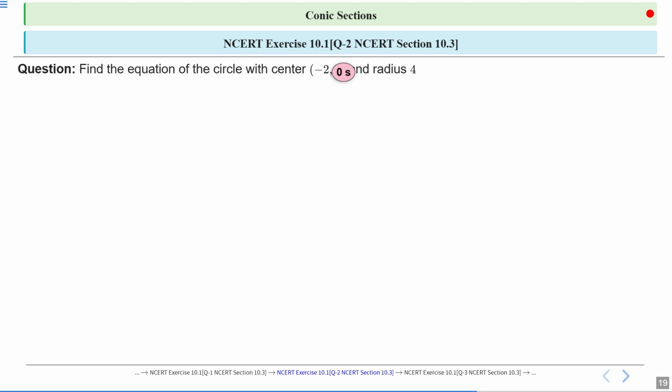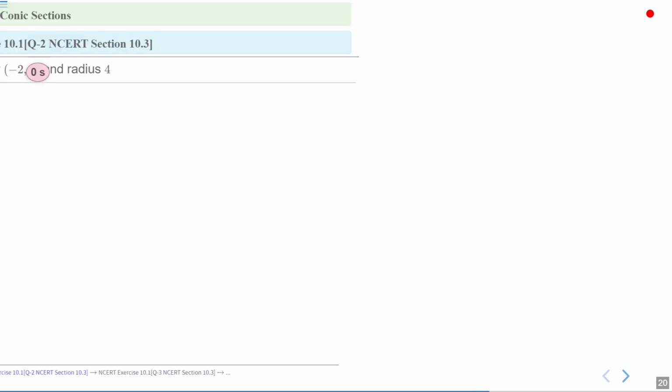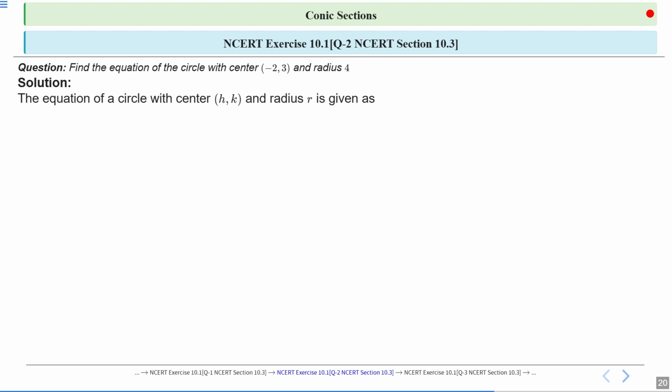Okay students, now we will solve this question. The equation of the circle with center (h, k) and radius r is given as (x minus h) whole square plus (y minus k) whole square equal to r square. Here center (h, k) is (minus 2, 3) and radius r is 4.